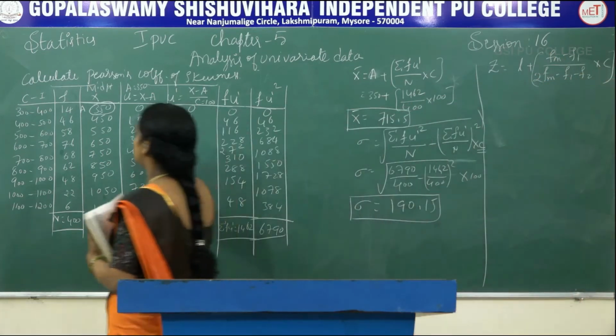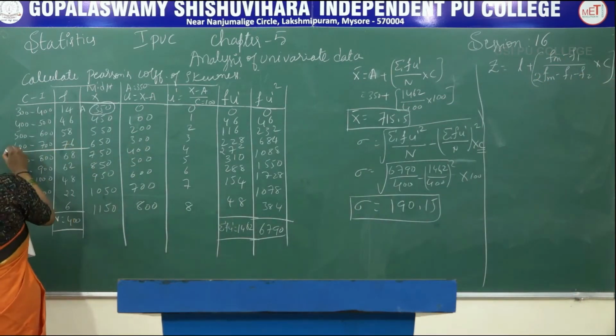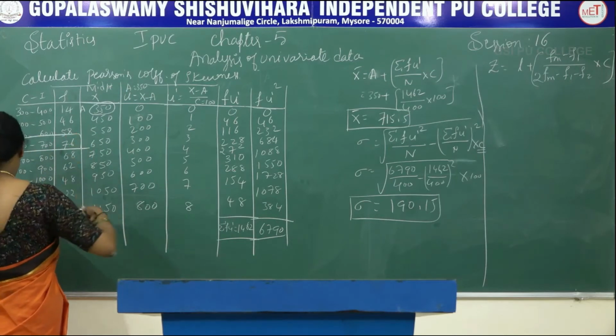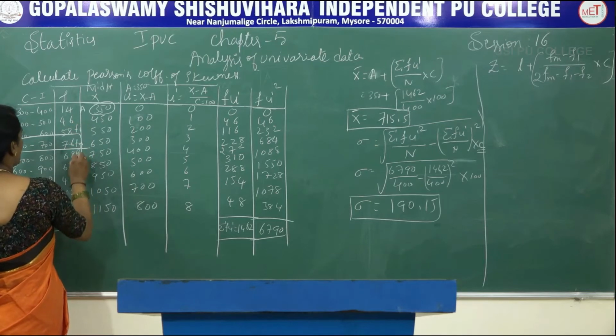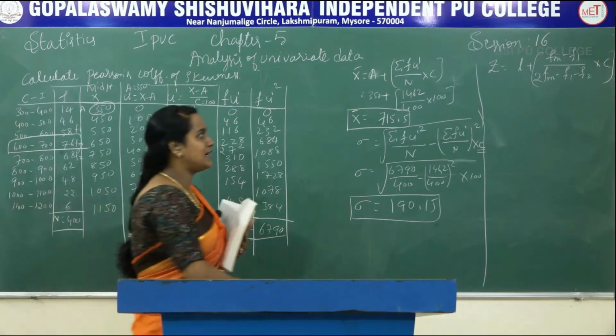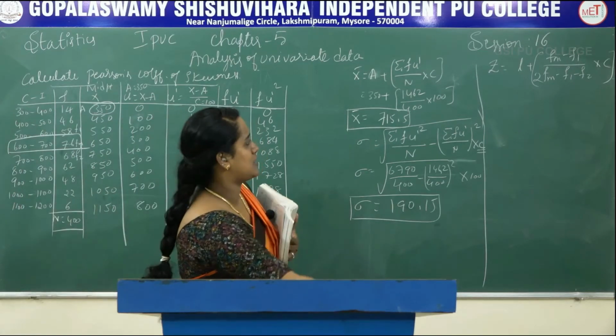Here 76 is the highest one, so this is your fm, f1 and f2. You know how to take that and calculate that also.